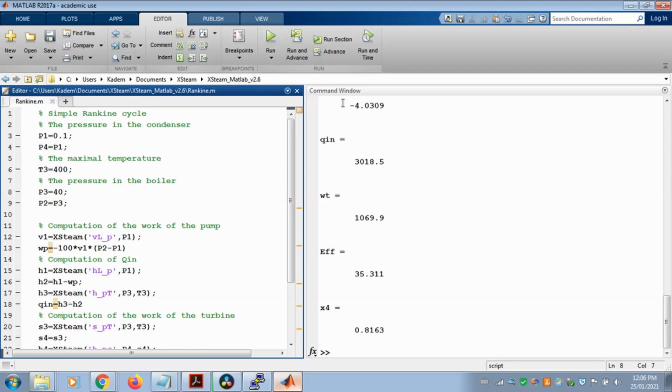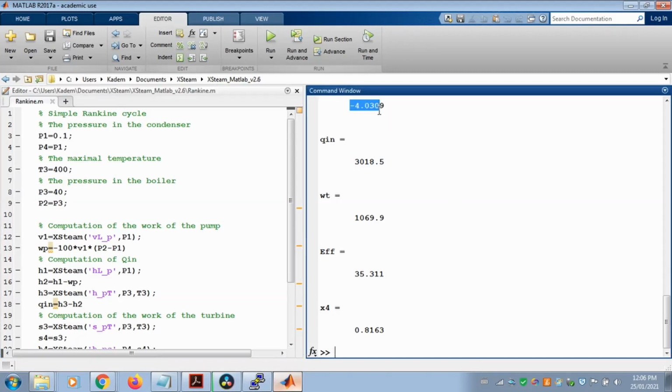So if we run this, you see that the pressure is increasing, so the work of the pump is increasing. We have a decrease, sorry, in Qn compared to our 3054, an increase in the work of the turbine, and an increase in the thermal efficiency, okay, up to 35.31.